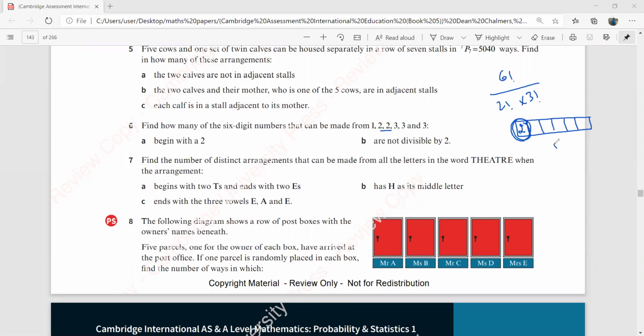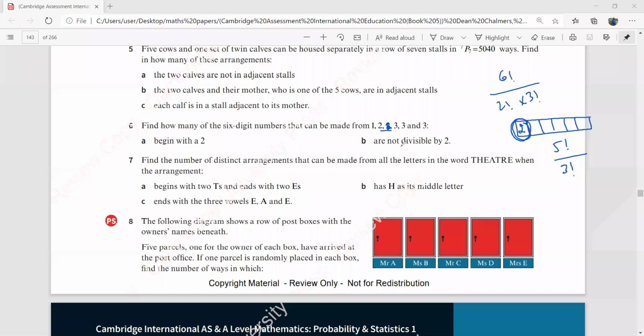Sir, 5 factorial over 3 factorial. Very good, because when you fix 2 over here, out of these 5, we have these 3s getting repeated 3 times. So that is why you have 3 factorial here.